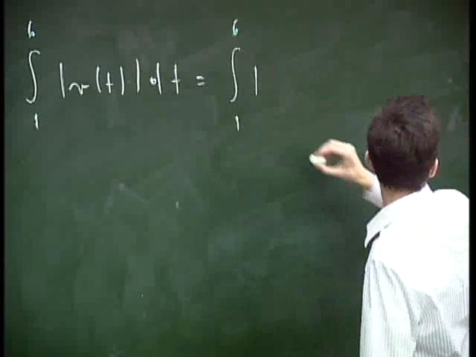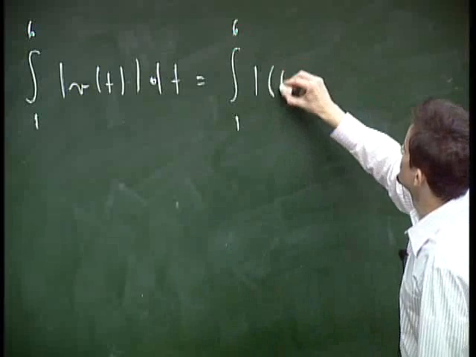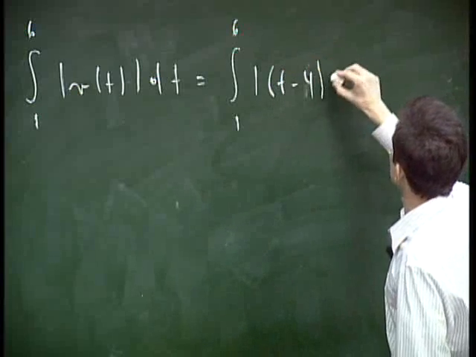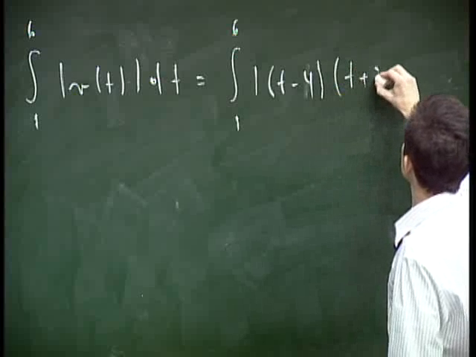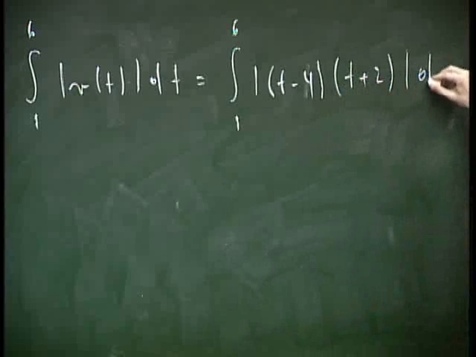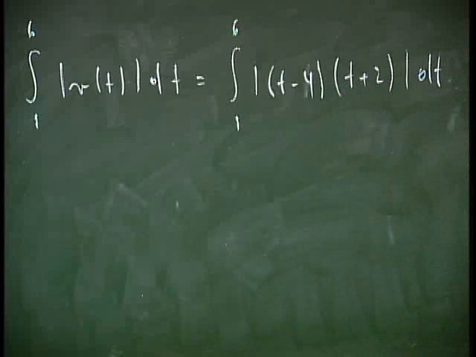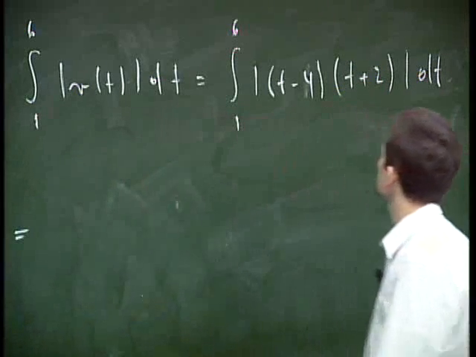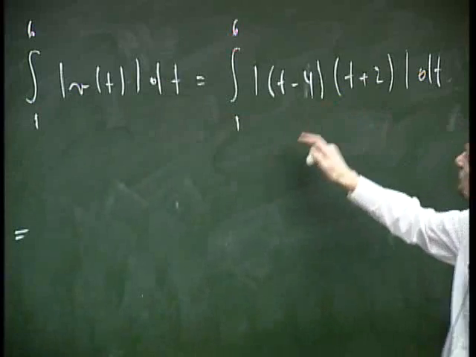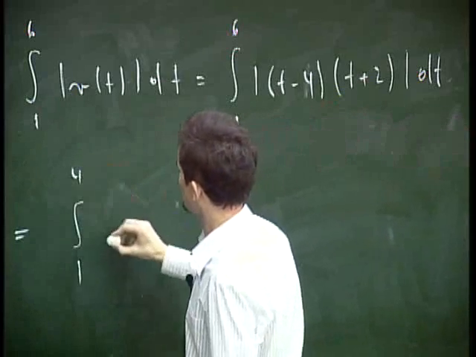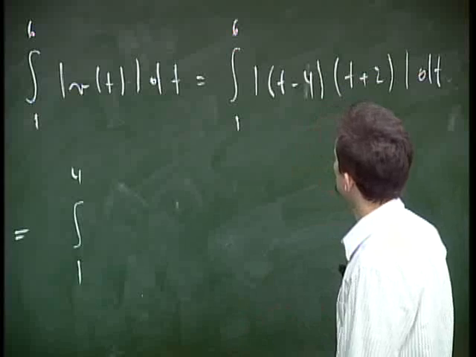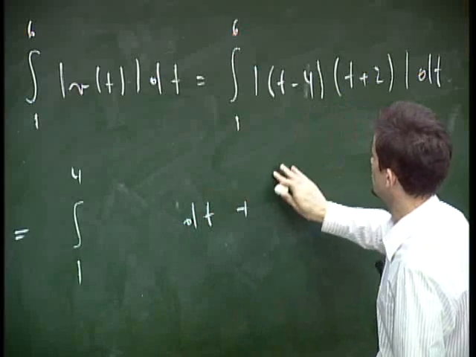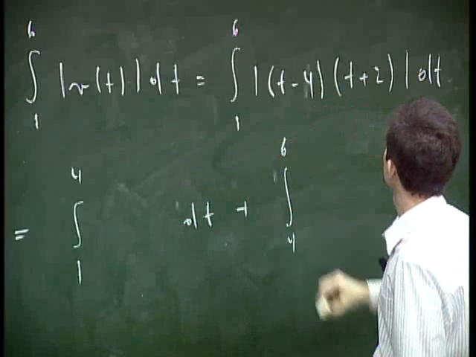Now you can write this as t minus 4 times t plus 2. So you see that the critical point is 4, so we divide it into two integrals, one from 1 to 4, and the second from 4 to 6.